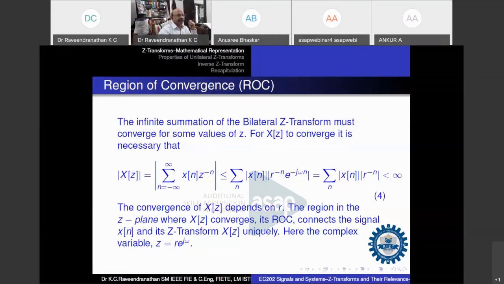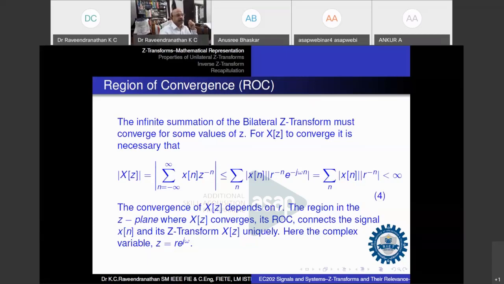If we are given the transform of a signal x of n, which is X(z), and its region of convergence, we can revert back to the original signal. So the same transform, if we consider it in different regions of convergence, will result in different signals. This point has to be noted.